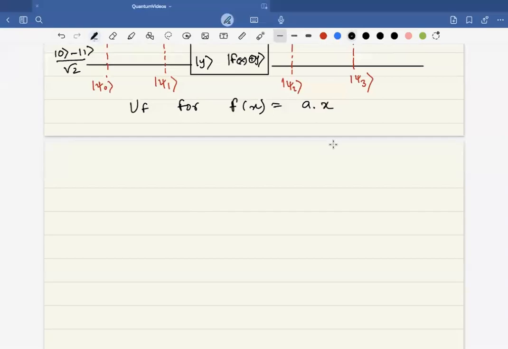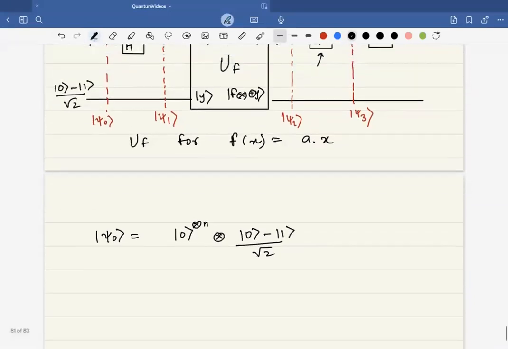Let's analyze the circuit. Let's look at the initial state psi 0. This is equal to |0> tensor n tensor (|0> minus |1>) over square root of 2. This is the same state as in the Deutsch-Jozsa algorithm.